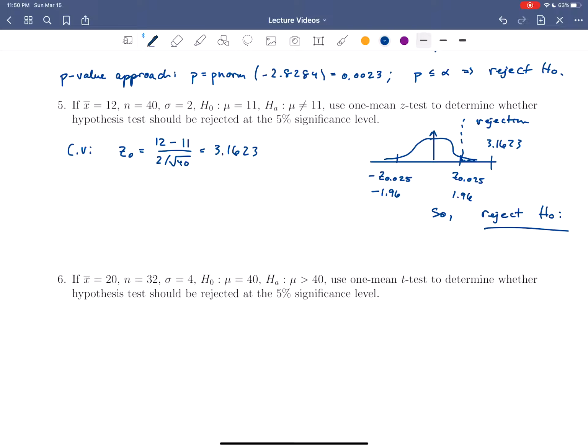Finally, for the p-value approach, we're going to compute our p-value. So we're going to get p is 2 times pnorm of minus 3.1623.